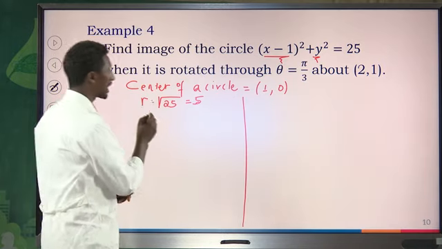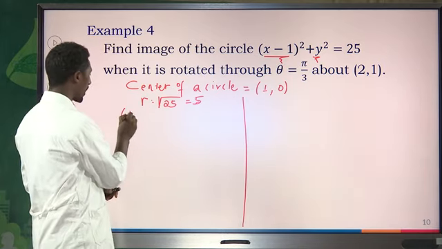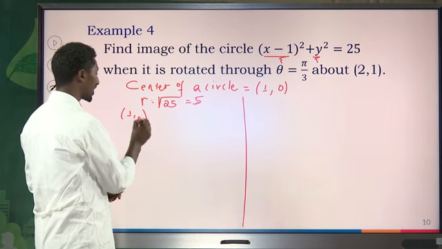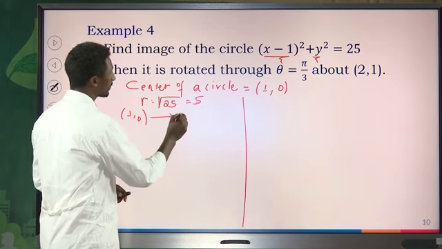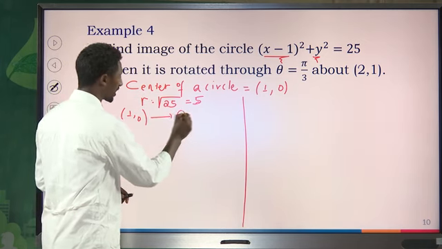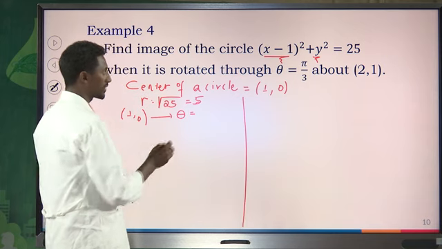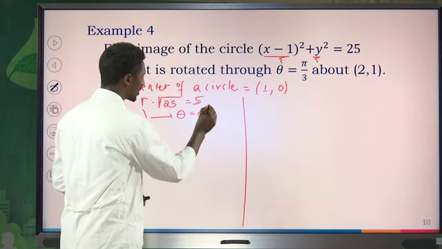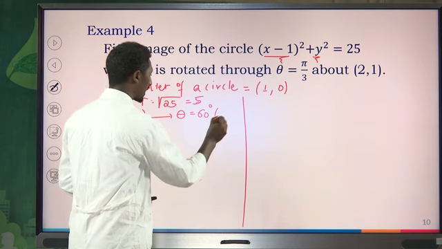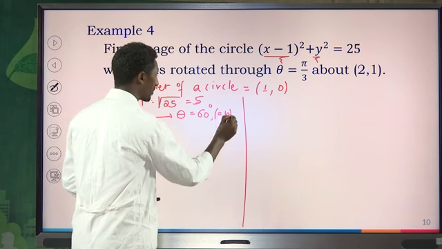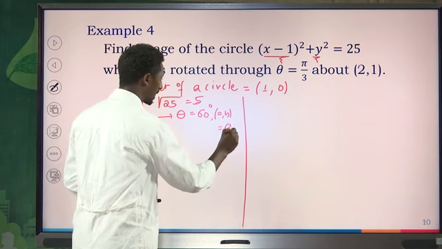Therefore, we have now the point (1, 0), which is the center, the angle of rotation theta equals pi over 3, in degrees it is 60 degrees, and the center of rotation (a, b) is equal to (2, 1).